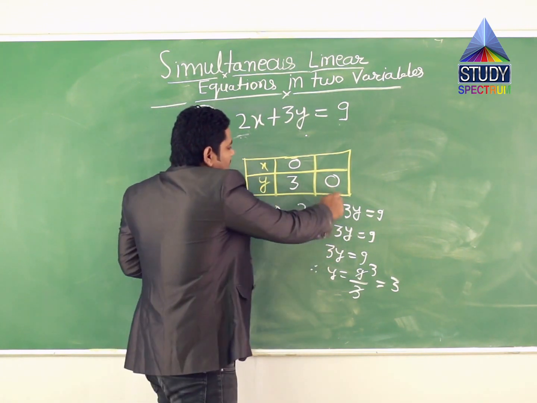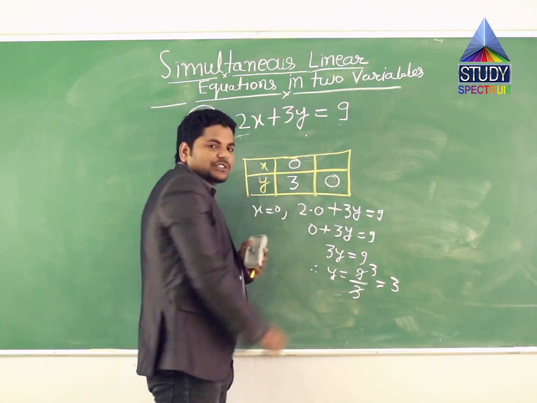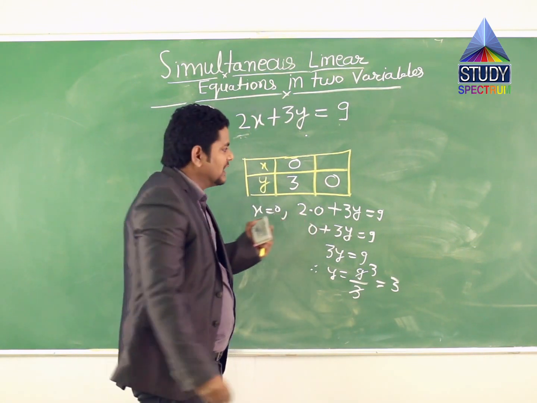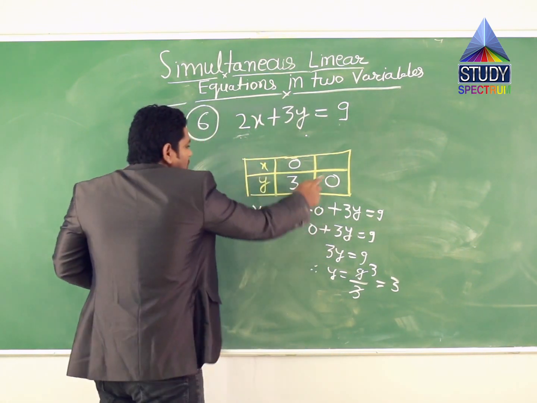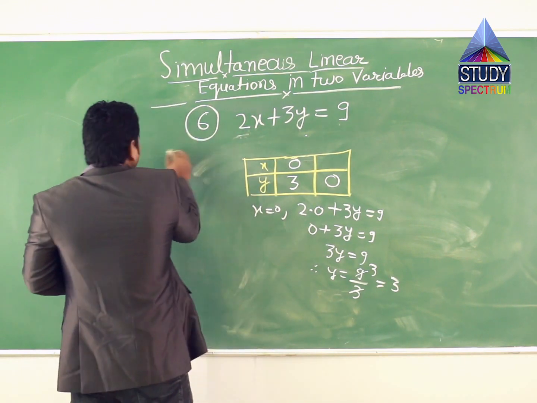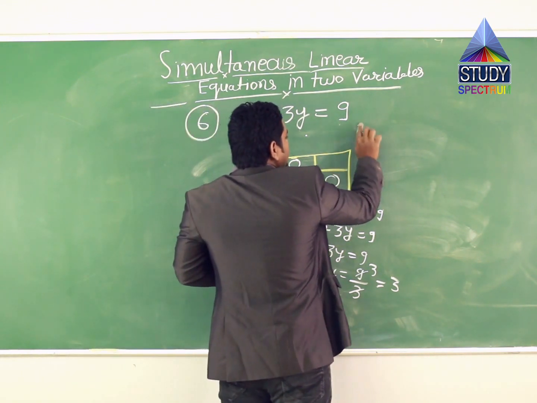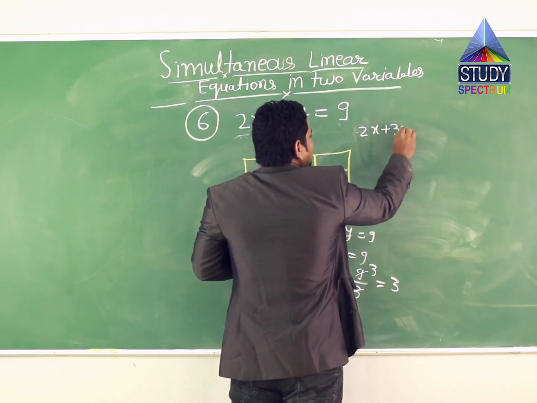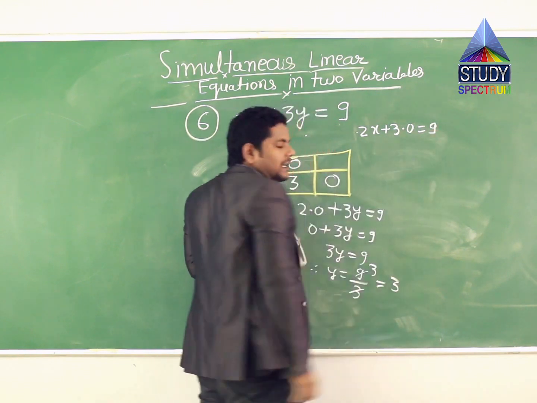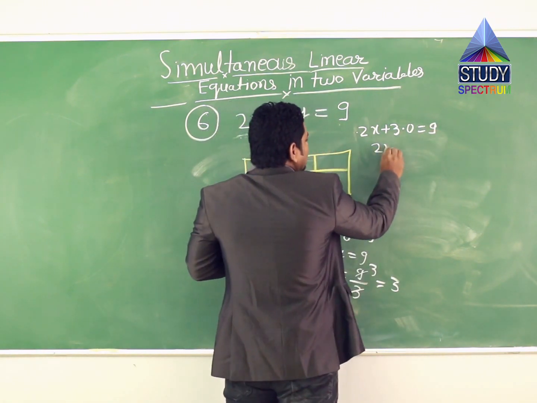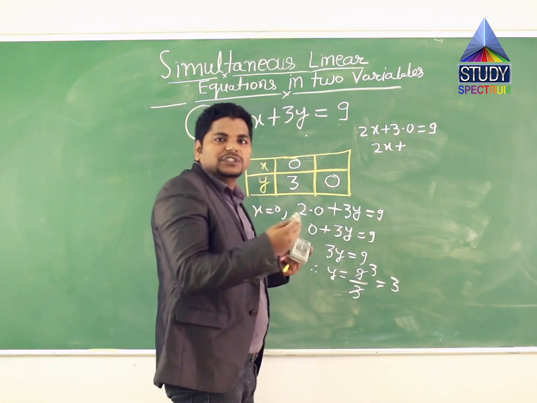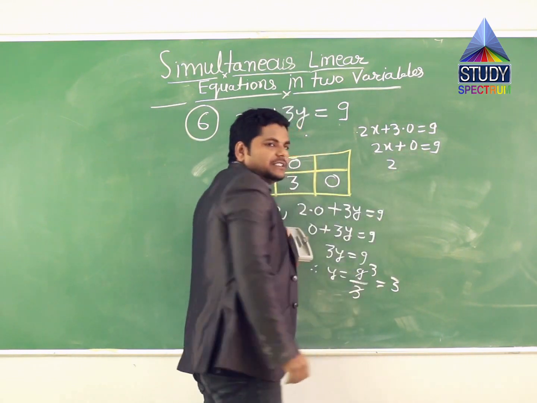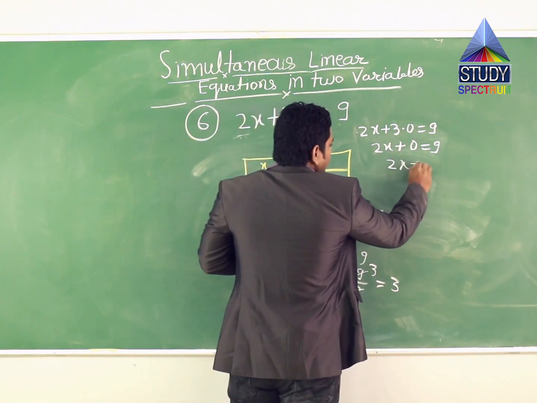Now for getting the second point, we put y equal to 0, so we'll get x corresponding to that y. So we'll put y equal to 0 in this equation. So 2x plus 3 into 0 equal to 9. 3 into 0 is 0, so 2x plus 0 is 2x equal to 9.